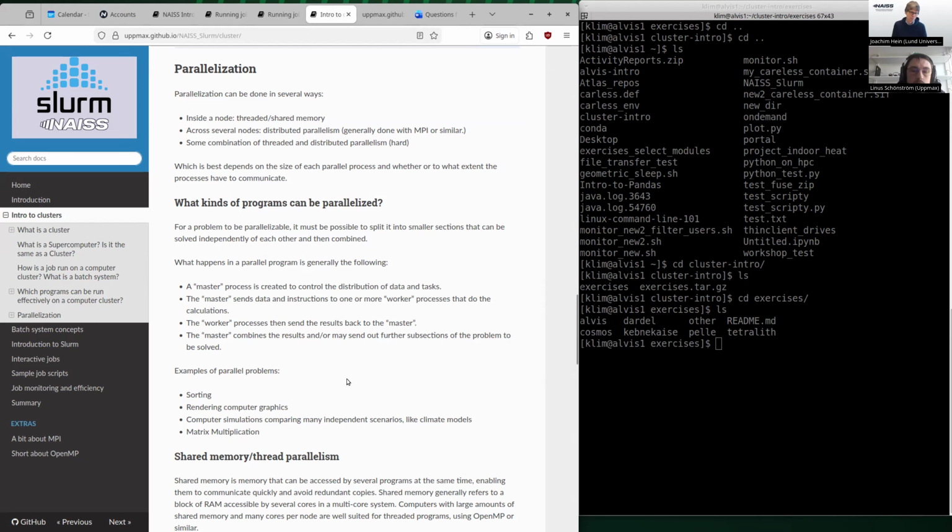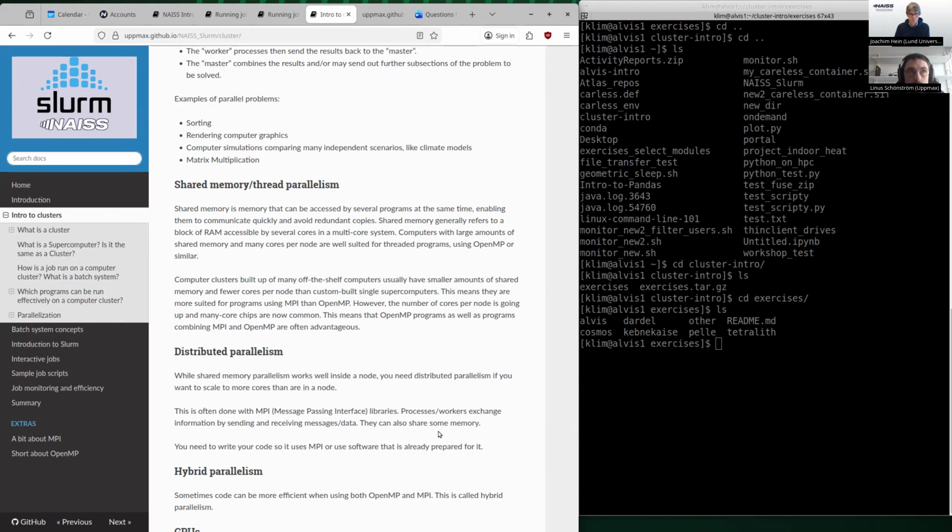You can just imagine that you have a master, which can be created to control the distributed data and the tasks, and send these instructions to one or more workers. The workers will process these tasks and send back the results to the master. What the master does at the end is combine these results.